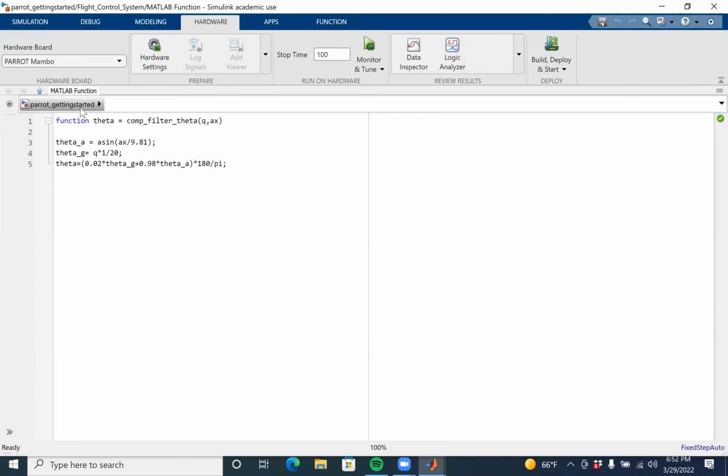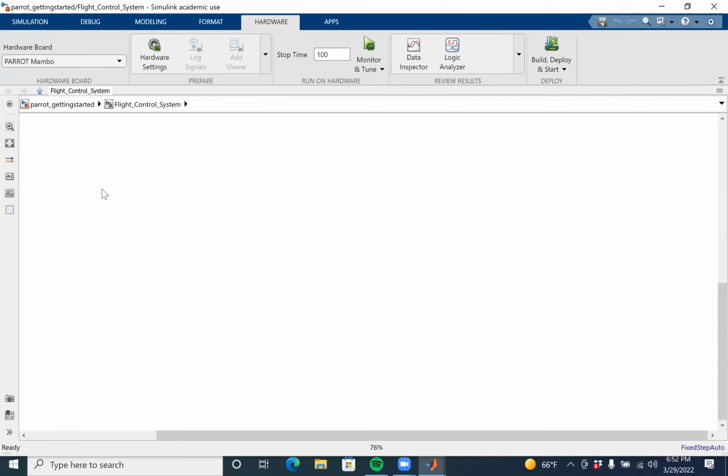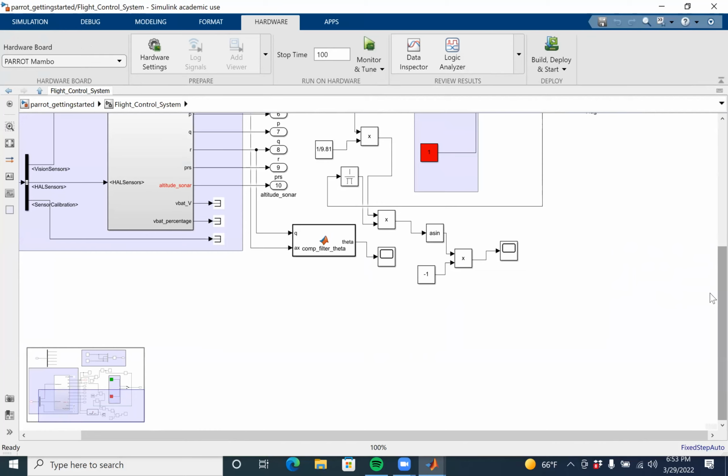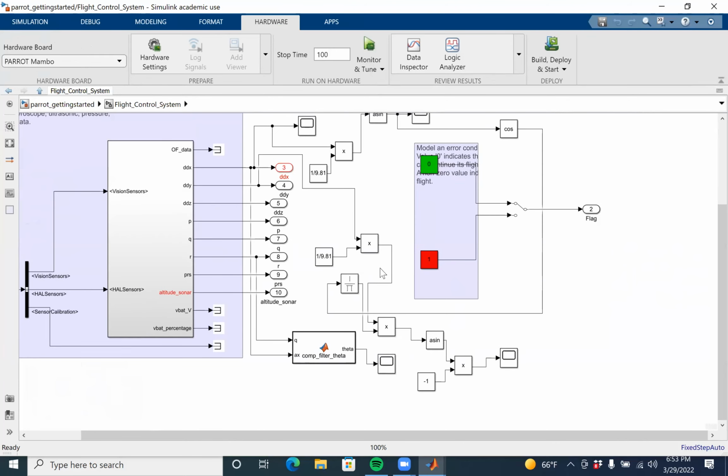So what I have done is I have implemented the complementary filter inside a MATLAB function. This MATLAB function is called complementary filter data. And if you double click on this function, so let me start.